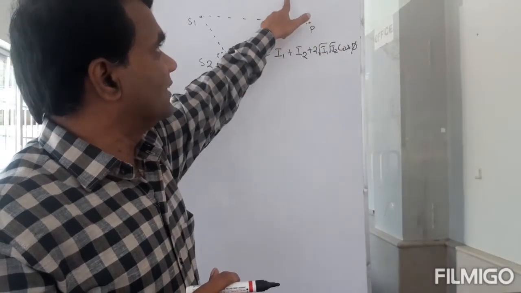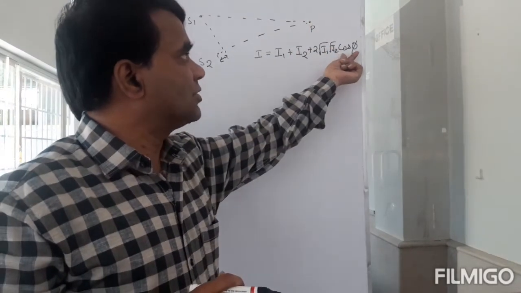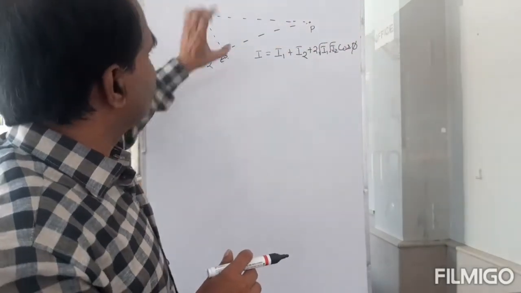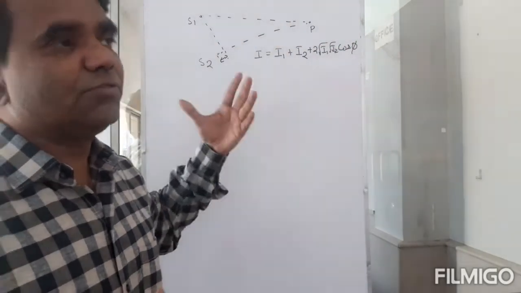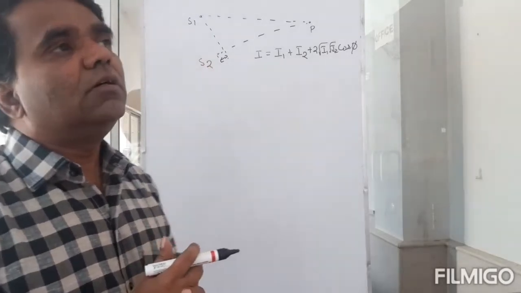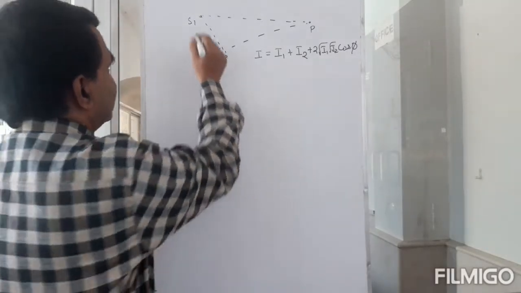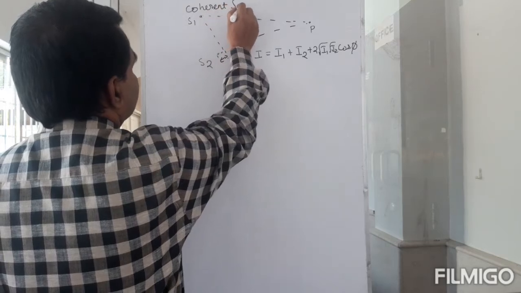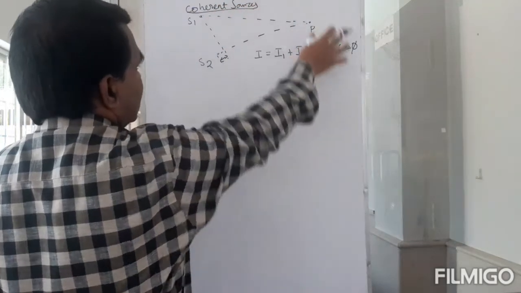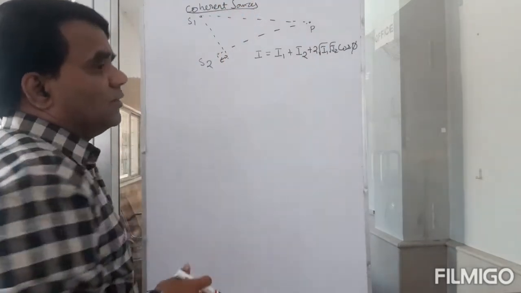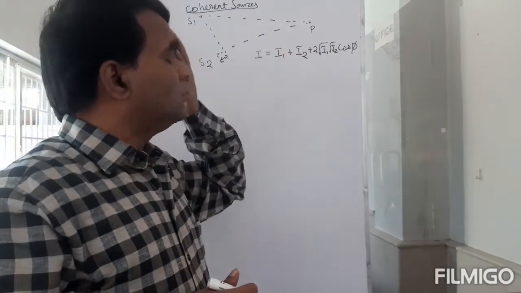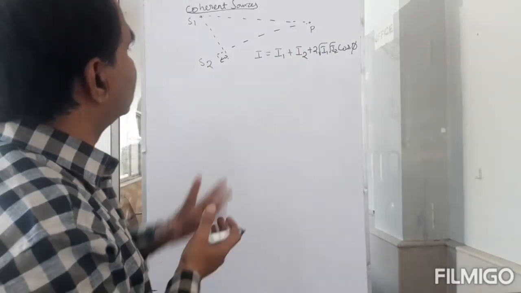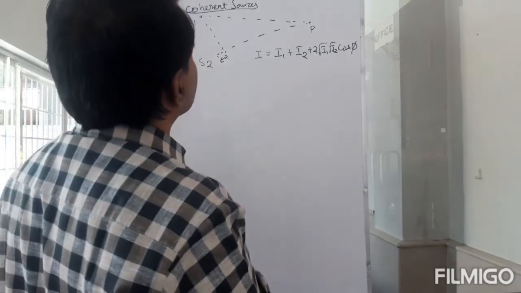So then this intensity could be different from this, based on the phase difference between these two waves. So this happens for coherent waves. So these were coherent sources. So all the points in space will undergo this condition, interference.